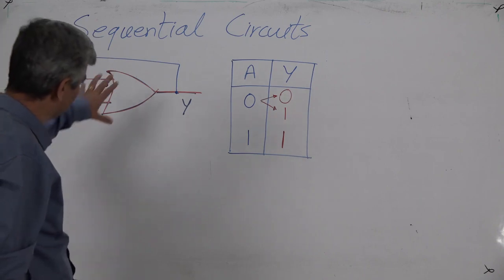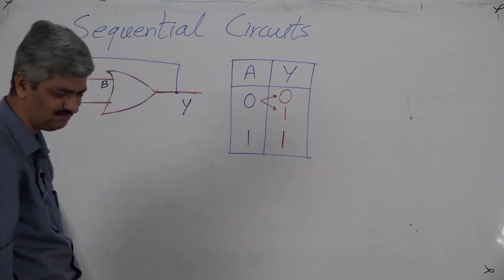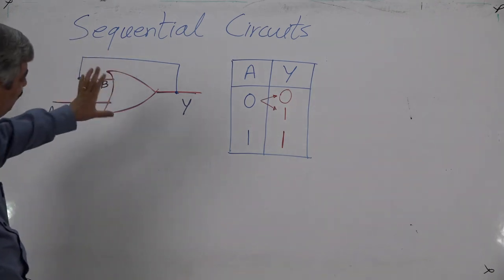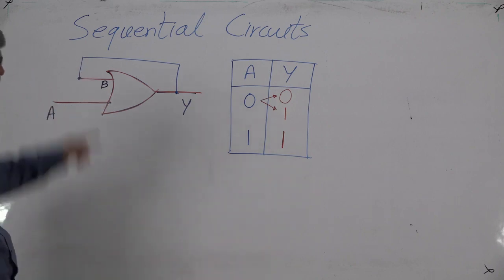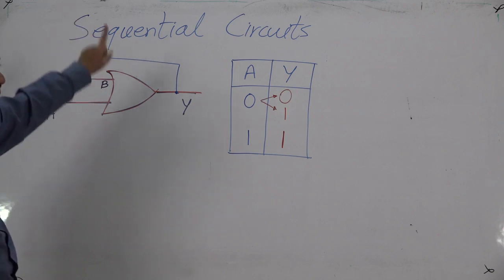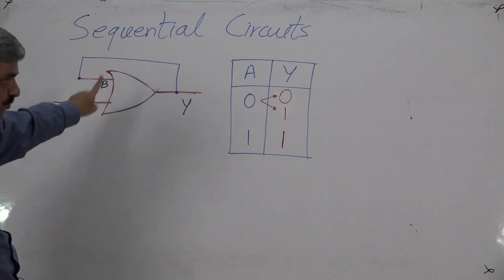You will not find this circuit anywhere except in this discussion, because normally it does not have any application. But if you ask me, this is the circuit we should go for, because according to me this is the most important circuit.